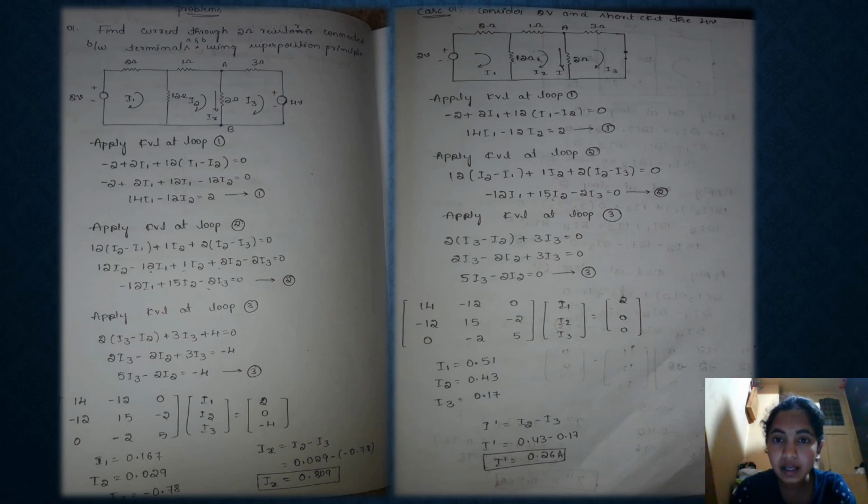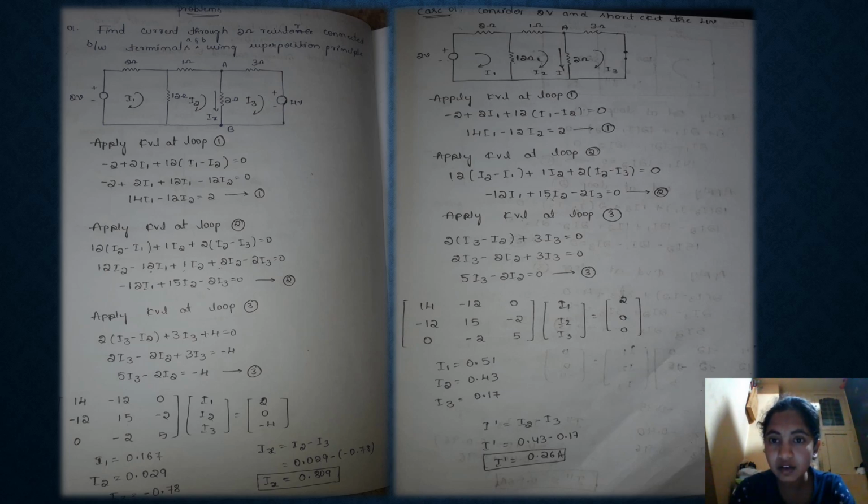Then if we apply KVL at loop 2, that is 12 i2 minus i1 plus 1 i2 plus 2 i2 minus i3 is equal to 0. That is, the equation will be minus 12 i1 plus 15 i2 minus 2 i3 is equal to 0. So this is equation 2. So let us apply KVL at this loop 3.